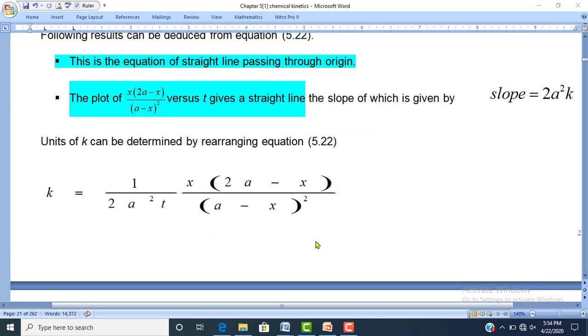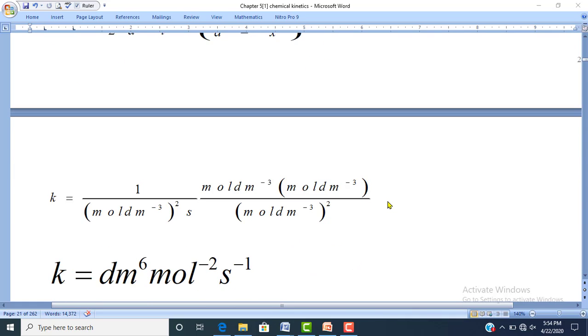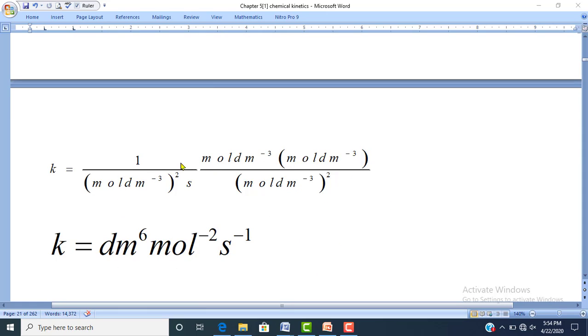So when we take the concentration in mole per decimeter cube and time in second, we can apply the units as 1 into mole per decimeter cube into mole per decimeter cube divided by (mole per decimeter cube) raised to power 2 into second into (mole per decimeter cube) raised to power 2.